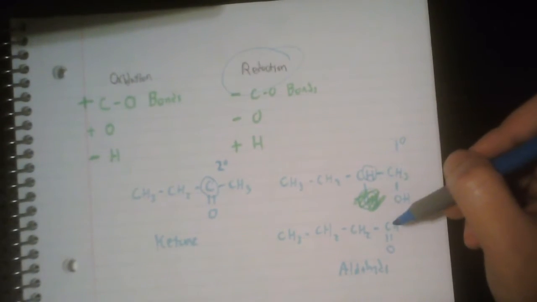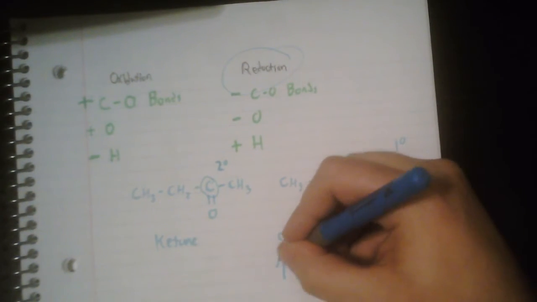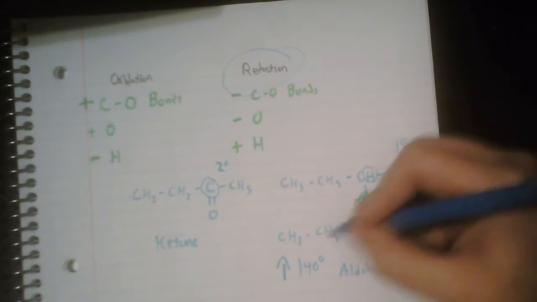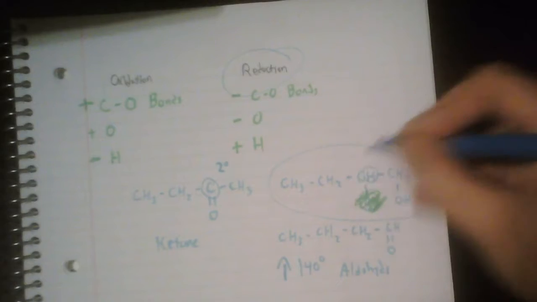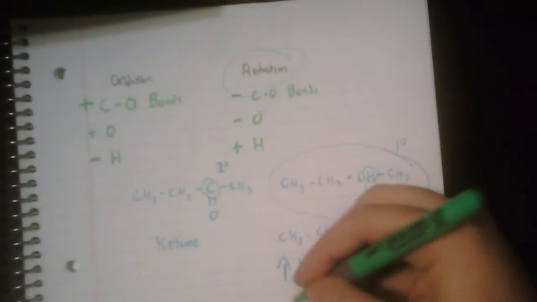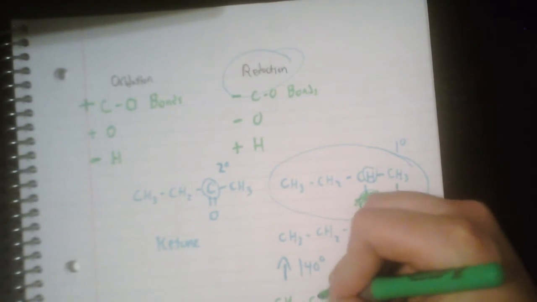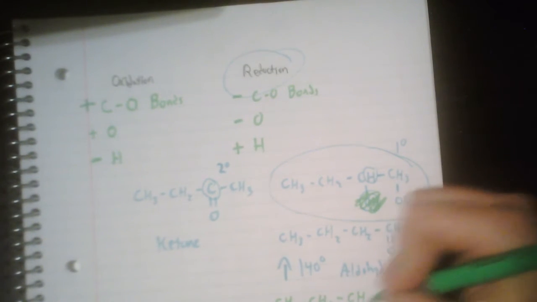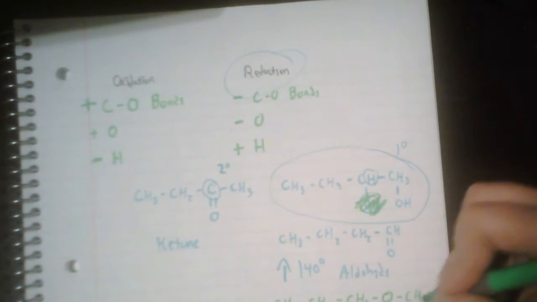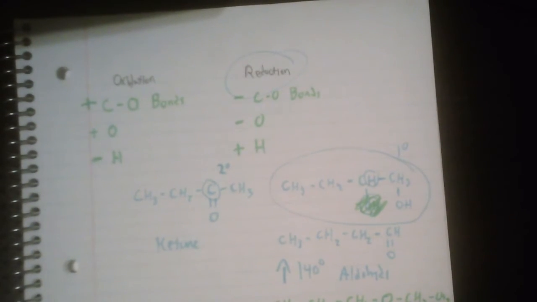And then finally the other thing that you need to know is that this reaction is actually going to happen if it's above 140 degrees. If it's below 140 degrees, what's actually going to happen is that this alcohol right here is going to react with another alcohol like it, so you got the oxygen in the center here.